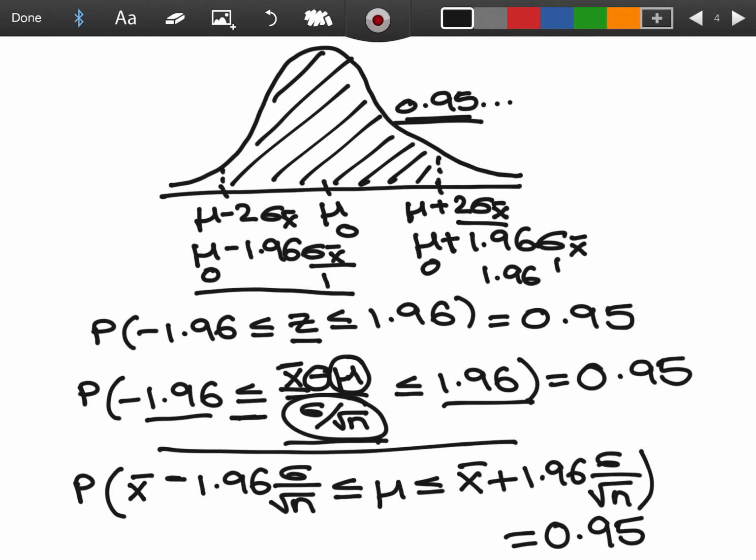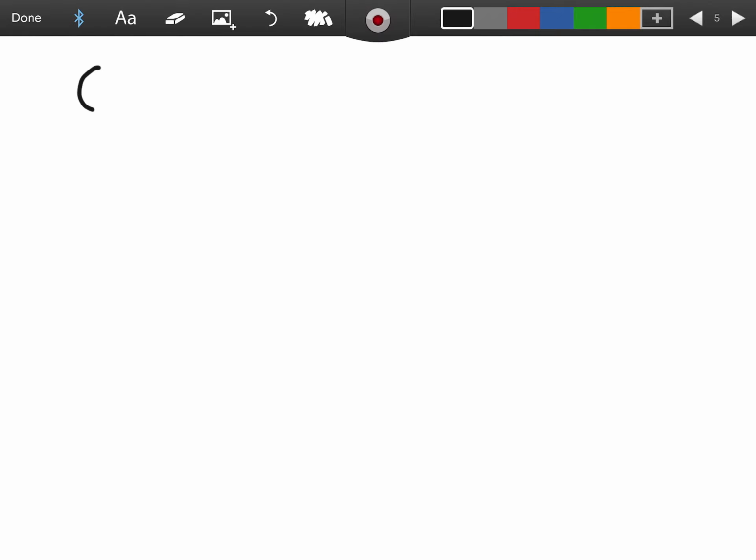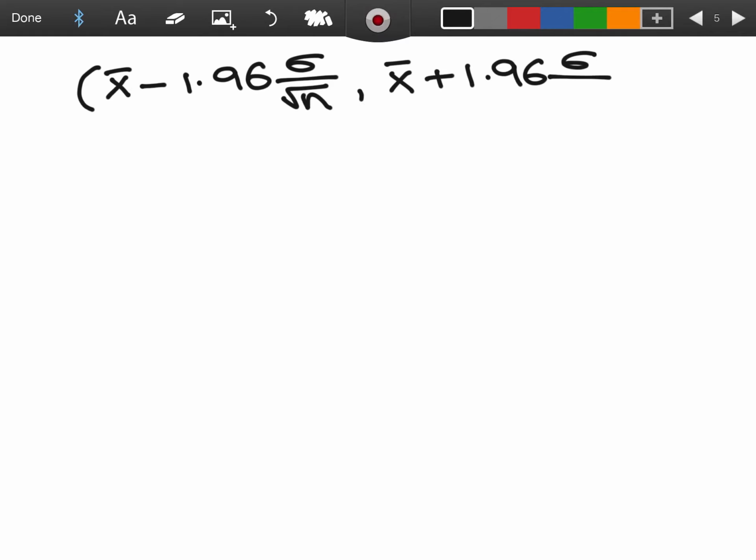There is a 95% chance that my population mean lies between this value and this value. So I have a 95% chance that the population mean will fall in this interval. So for some given sample mean and a population standard deviation, we have a 95% chance that the population mean will lie in this interval.